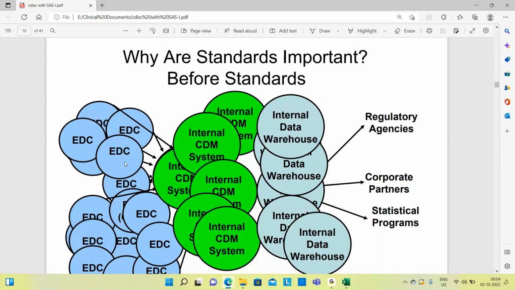From here, regulatory agencies, corporate partners, and statistical programmers will write programs based on the data. So are you clear which EDC is going to which internal CDM system from this picture?